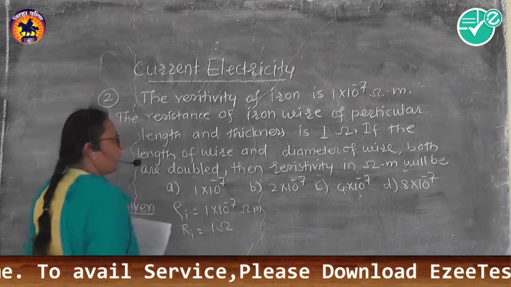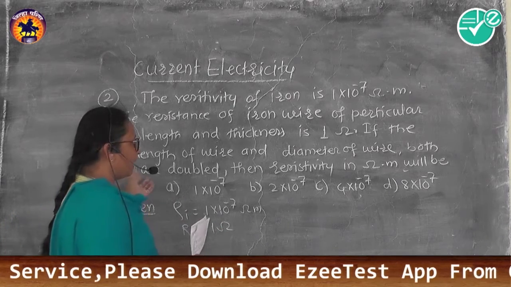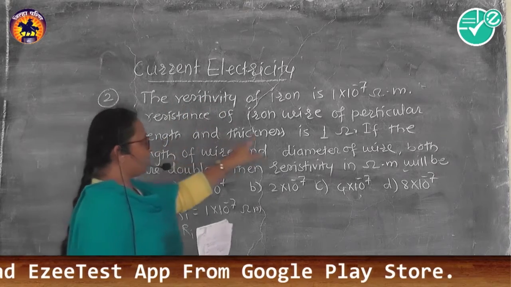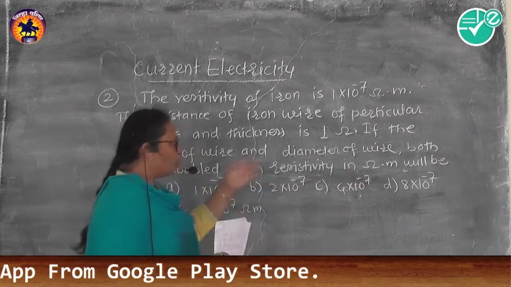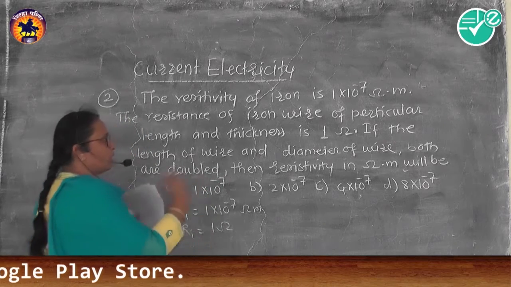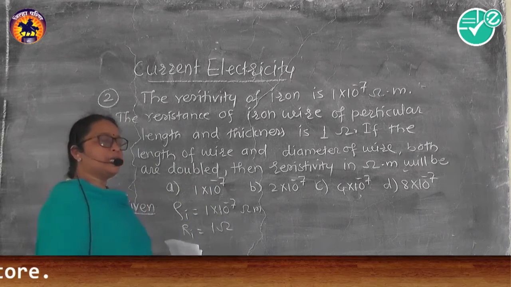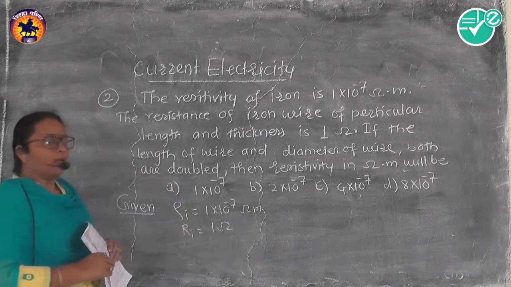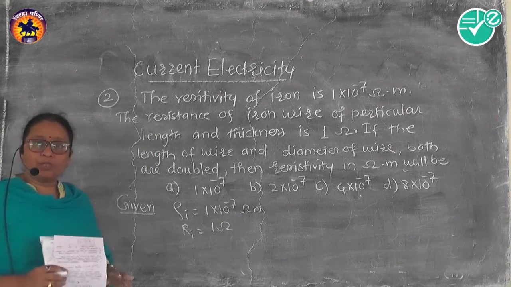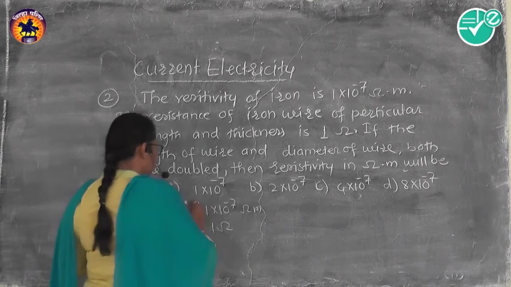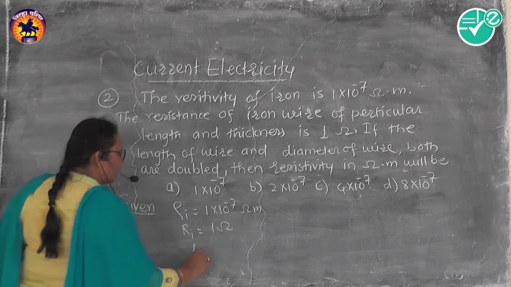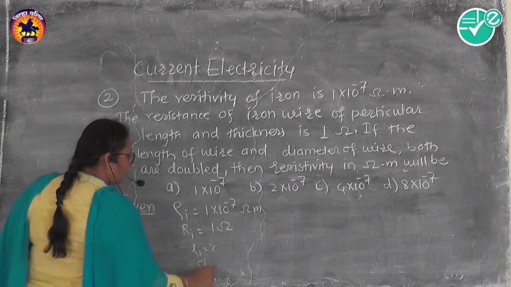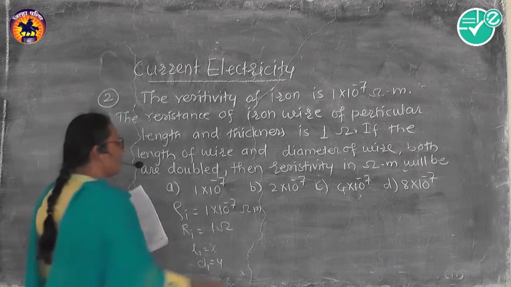And you are asked that if we change the length as well as the thickness, that means diameter, both are doubled, length is also doubled as well as diameter is also doubled, then what will be the new value of resistivity? Most of the students try to mention this rho 1, R1, that is L1, suppose it is of value x centimeter, and diameter d1, suppose it is of value y.